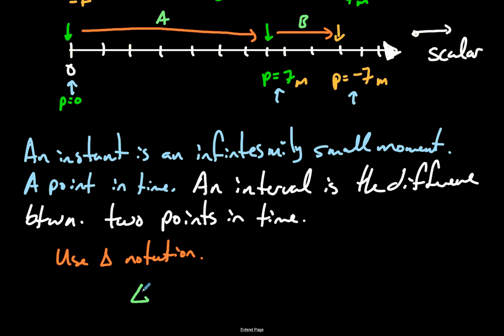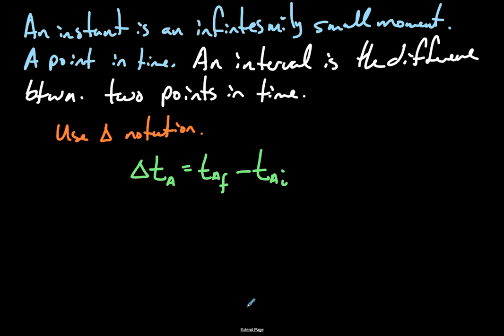So we might say delta t for interval A is equal to t A sub f minus t A sub i. So what that simply means is my final time for A, subtract my initial time for A.